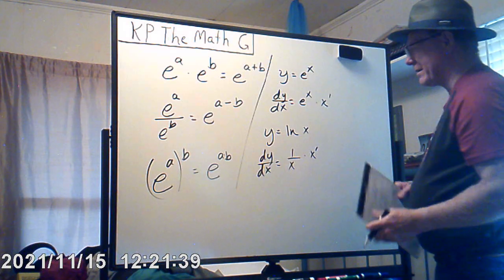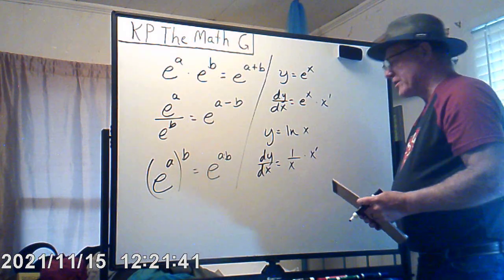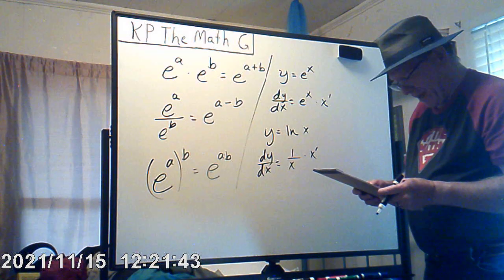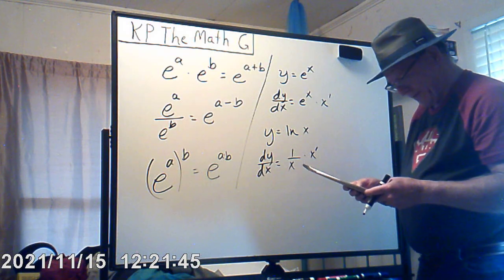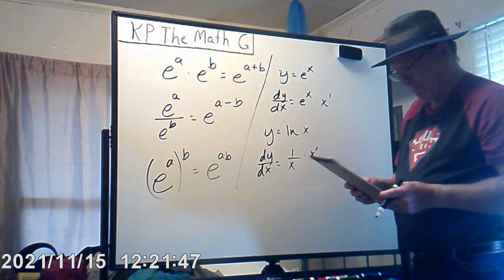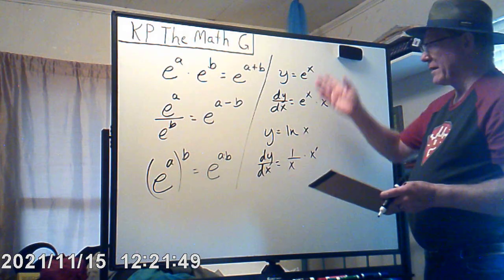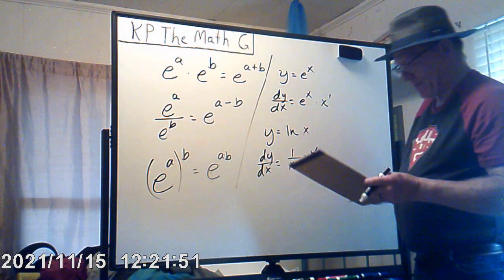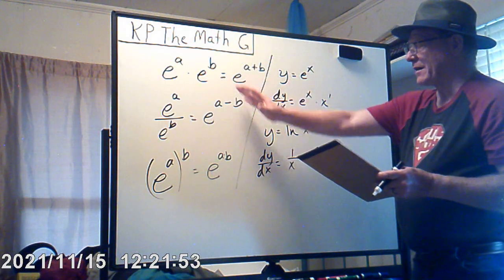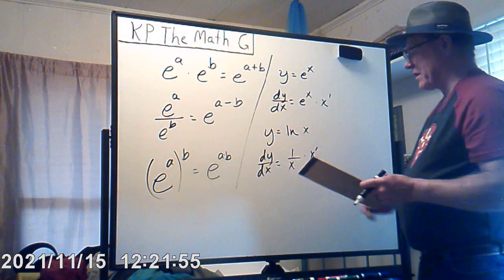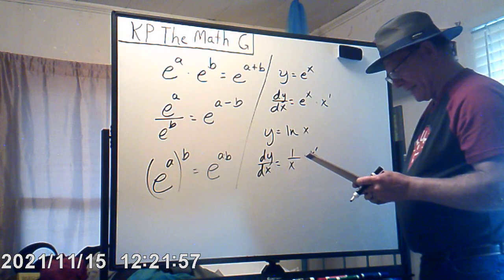So those are a few things that we need to keep in mind. We will get to the a in just a little bit, but right now we're concentrating most of our effort on ln and e.